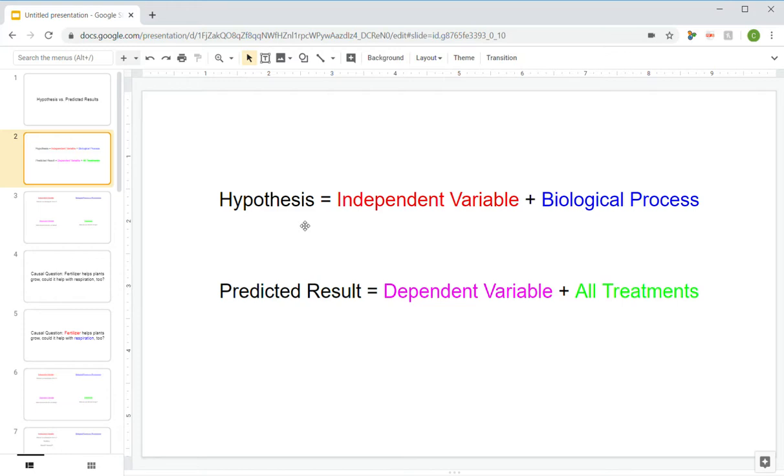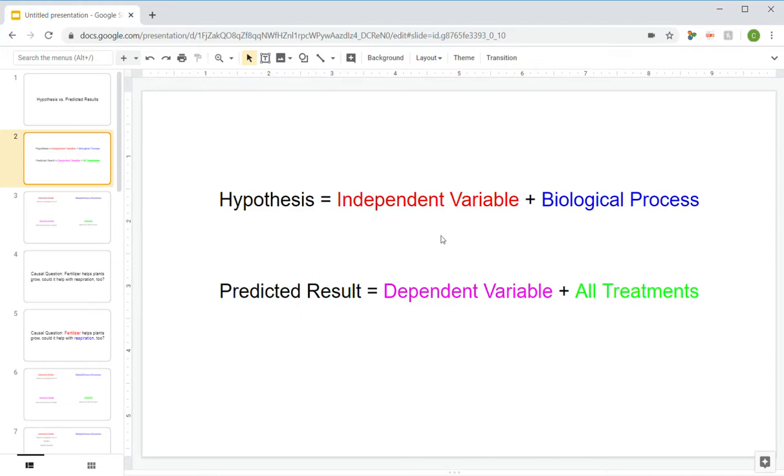You should be providing a relationship between your independent variable and your biological process. Okay, but then to write your predicted result, you should be taking your treatments and telling us the outcome of those treatments in terms of your dependent variable. So again, hypothesis needs independent variable and your biological process that you're studying. Your predicted result needs your dependent variable and your treatments.